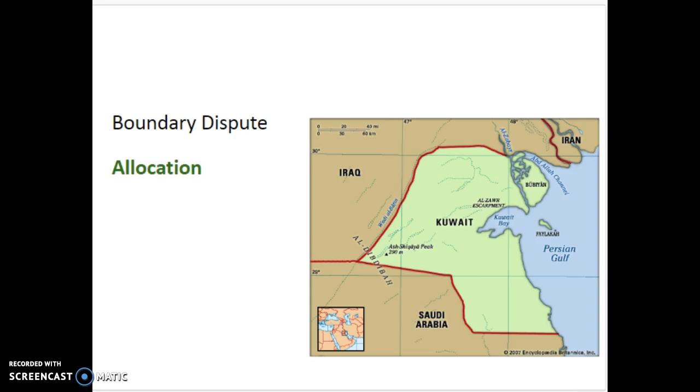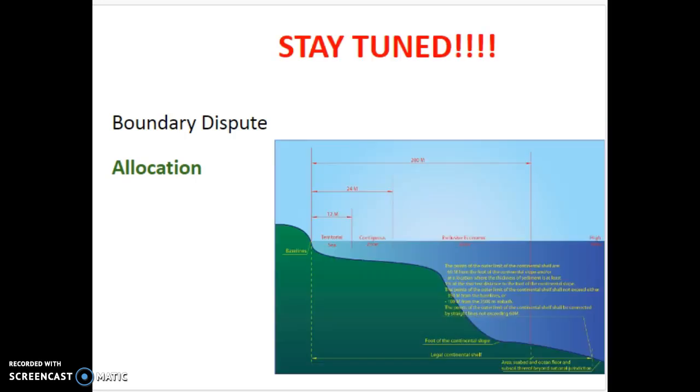Now, if you're talking about ground resources, whether it's oil or natural gas, we are also going to be talking in class, and that's why I put stay tuned for this one, about how we have boundaries in the water. Some of you may say, okay, it's easy to understand boundaries on land, but how do we divide up the earth, which is covered by so much water, the Pacific Ocean, the Atlantic Ocean? What will that situation look like?